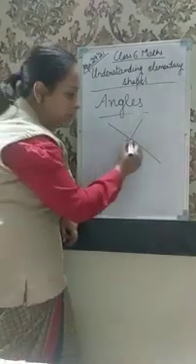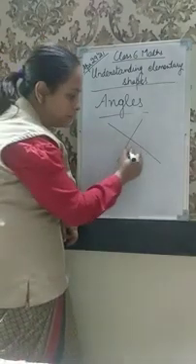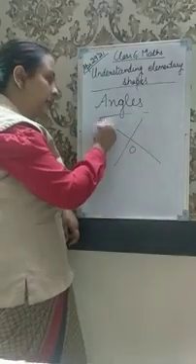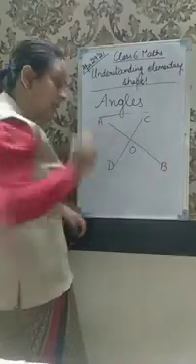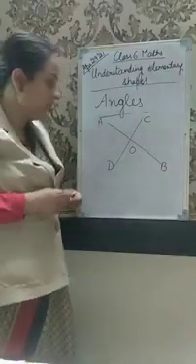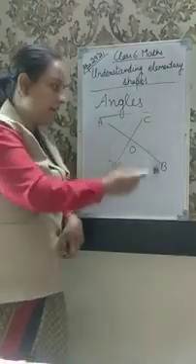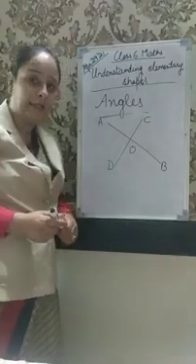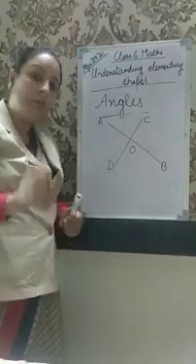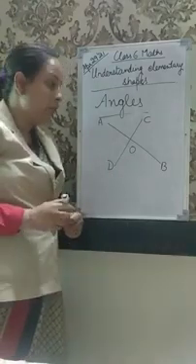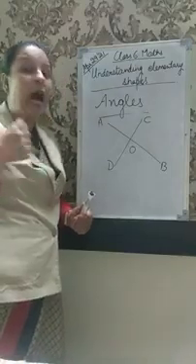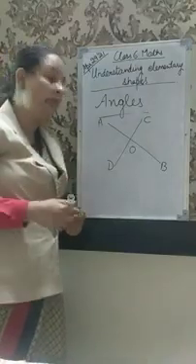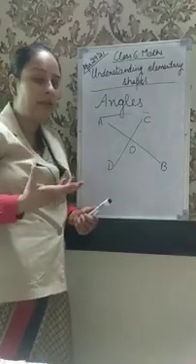Let's name this point as O. This is AB and this is CD. So I have O, I have AB and I have CD. Now could you please tell me which all angles are formed? First of all, how many angles are formed? Then would you name them?